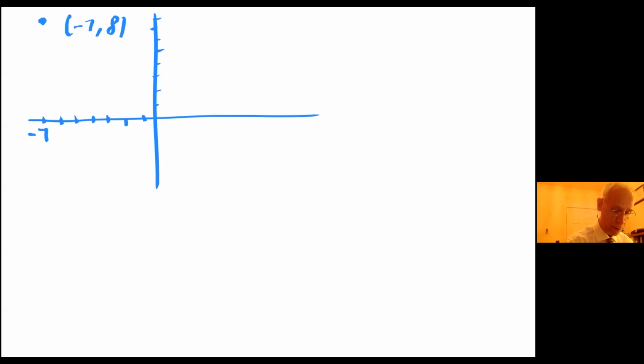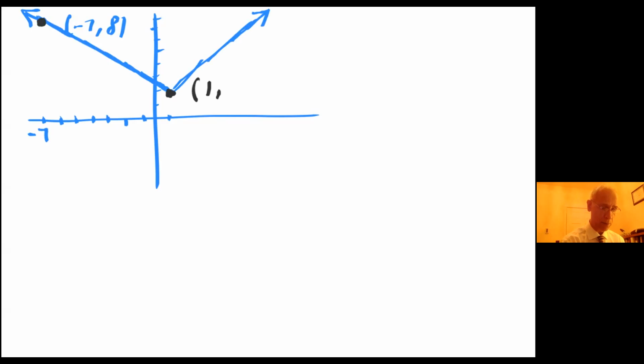So you have your graph being like this. Once again, two points that we are sure of: the vertex, which we need, and another point, -7, 8, and the vertex is 1, 2.